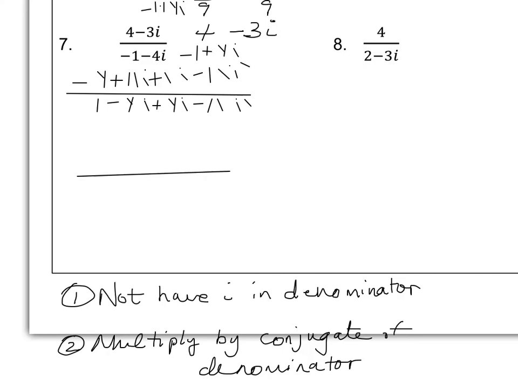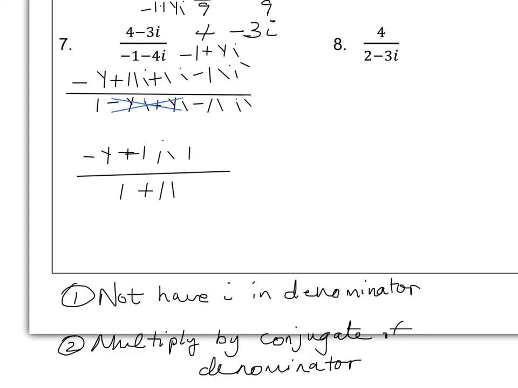Again, on the bottom, your middle terms are going to cancel and make 0. Positive and negative, opposites of each other. So on the bottom, I end up, again, with 1 and then plus, this becomes positive 16. On the top, I've got negative 4. And I've got 19i, because 16 and 3 is 19.